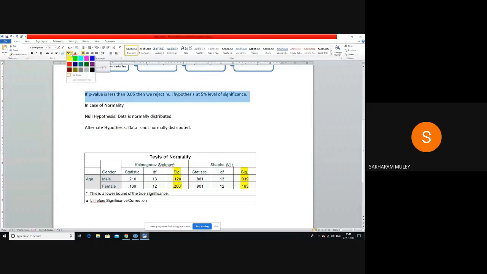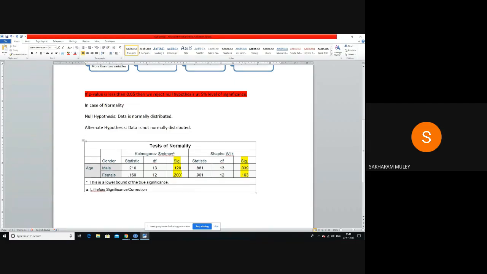So for this particular case, we can think about what we should do for the test of normality. For the Kolmogorov-Smirnov test, if this value is greater than 0.200, then it is assumed to be moderately normally distributed.